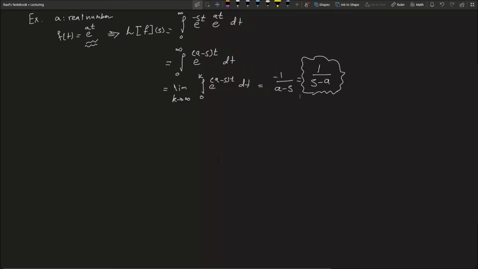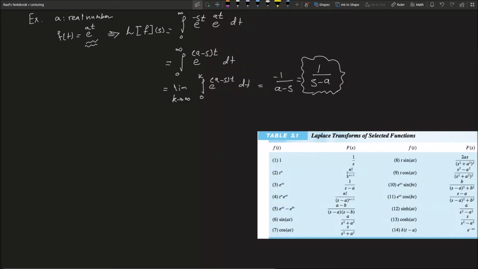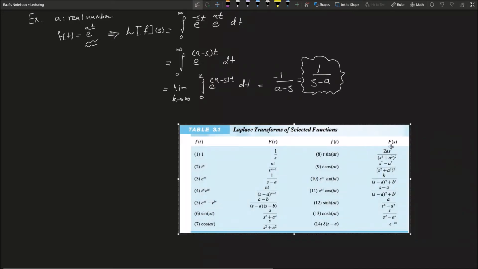And this table can be shown here. You can see this is the function in terms of t. Functions number 1, 2, 3, 4, all the general forms of functions that you face in day-to-day problems in mathematics are already transformed in terms of s.